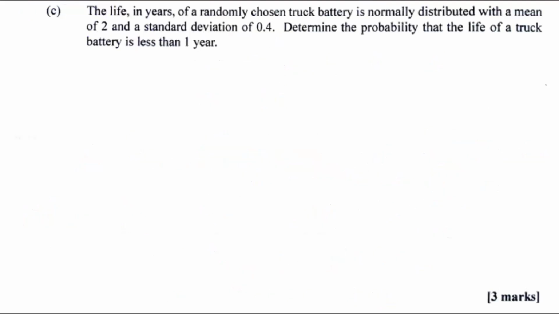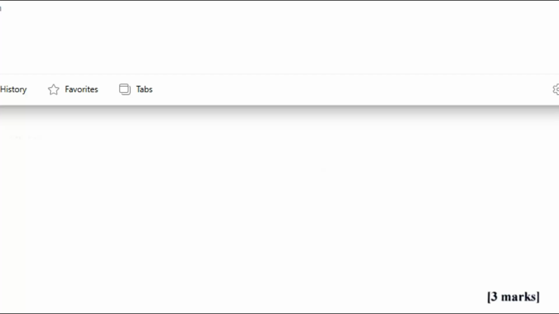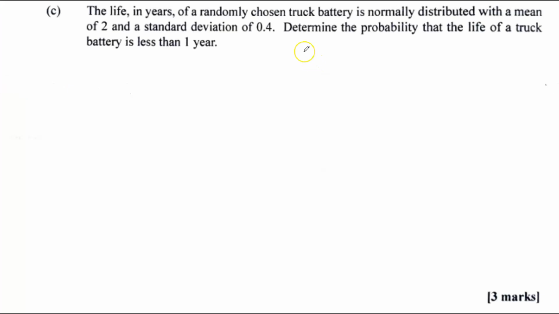Part C, the life in years of a randomly chosen truck battery is normally distributed with a mean of 2 and a standard deviation of 0.4. Determine the probability that the life of a truck battery is less than a year. So obviously it's a normal distribution. So we can just define x.